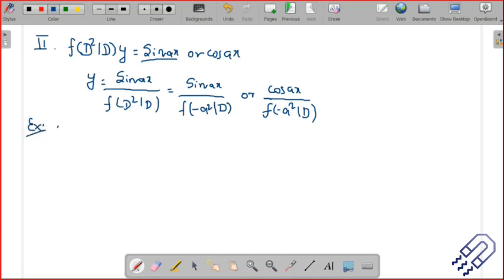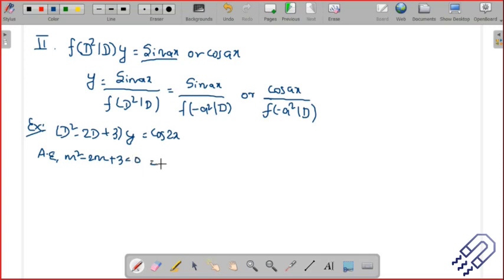Let's take a numerical here. D square minus 2D plus 3 into y is equal to cos of 2x, right? We will find the auxiliary equation here, and this will be m square minus 2m plus 3 equal to 0.